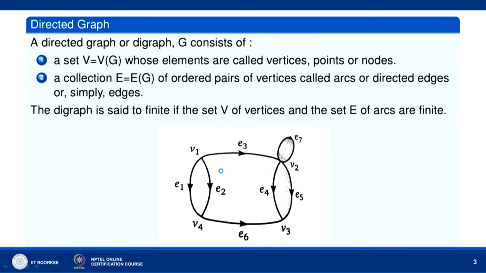Now, on the other hand, a directed graph, or we also call it a digraph, consists of a set V equal to V(G), whose elements are called vertices, points or nodes, and a collection E equal to E(G) of ordered pairs of vertices called arcs or directed edges.